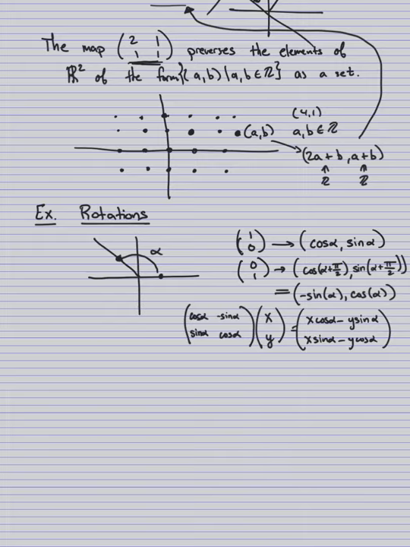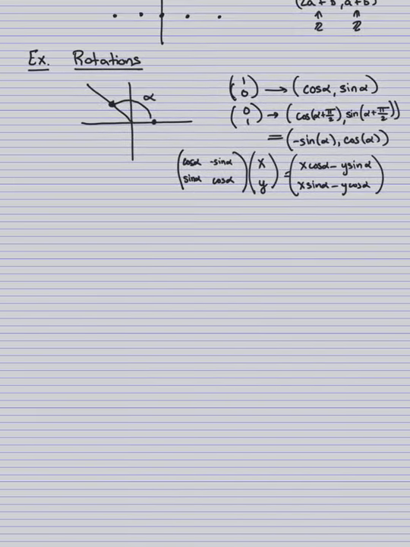Okay, so let me do some more geometrically interesting ones. Or rather, not more of the same kind. We had seen reflections before. So we've seen that reflecting over the x-axis, for example, is a linear transformation.